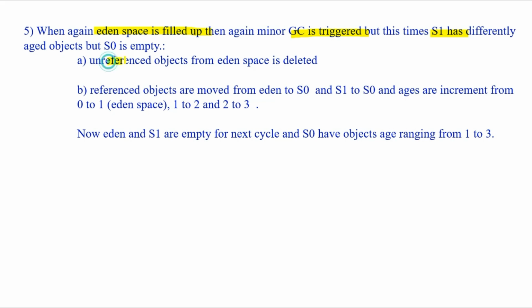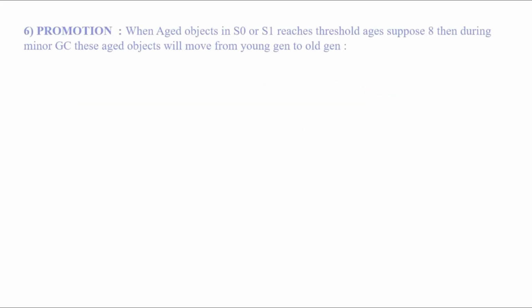So again, the unreferenced objects from Eden space will be deleted and referenced objects will move from S0 to S1, and their ages will increase from 0 to 1, 1 to 2, or 2 to 3, the way it used to be. And again now S0 and S1 are empty. So this is the same process being continued.